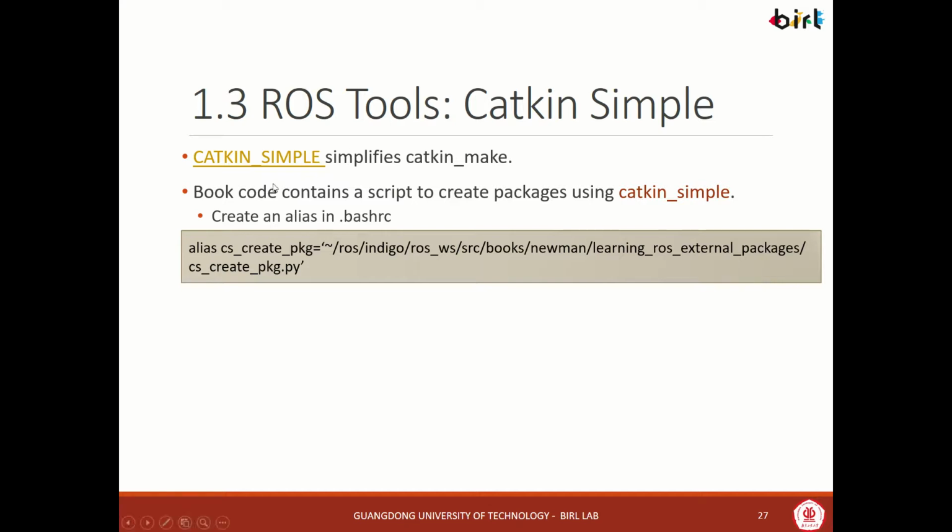The first thing that we need to do to use this tool is to create an alias in the bashrc file. What is an alias? An alias is simply a shortcut.